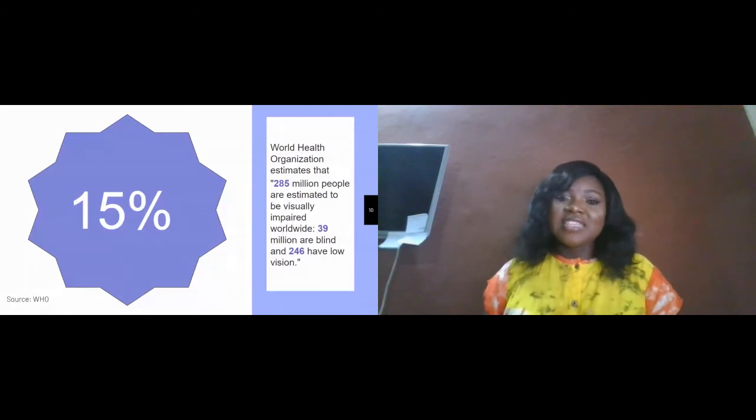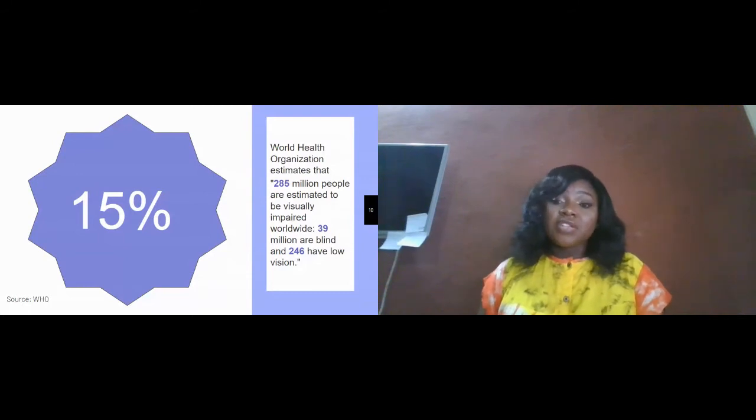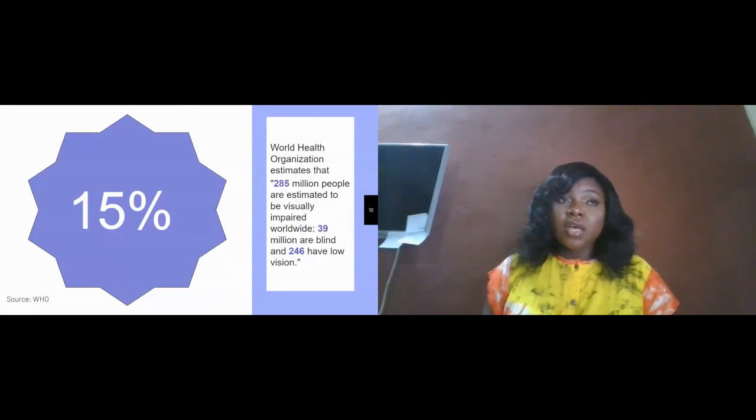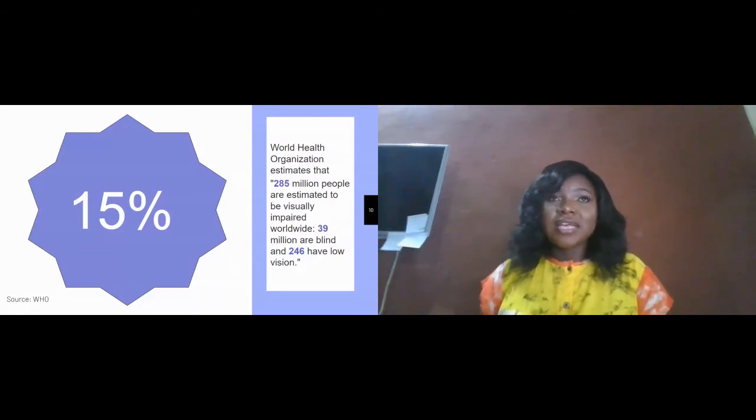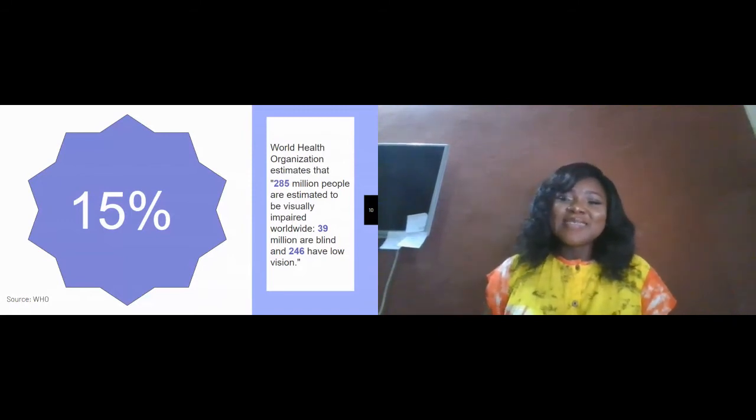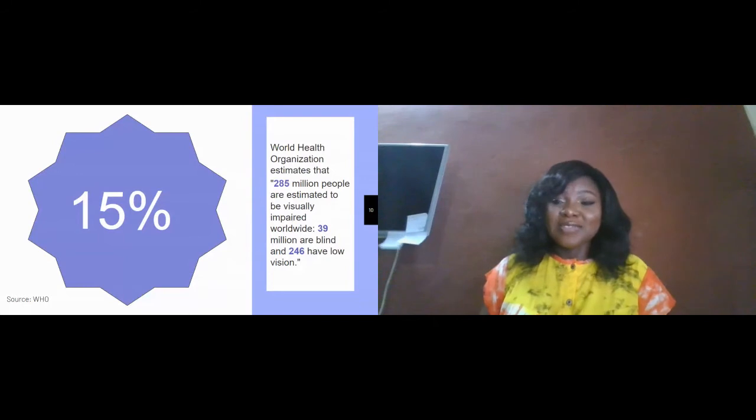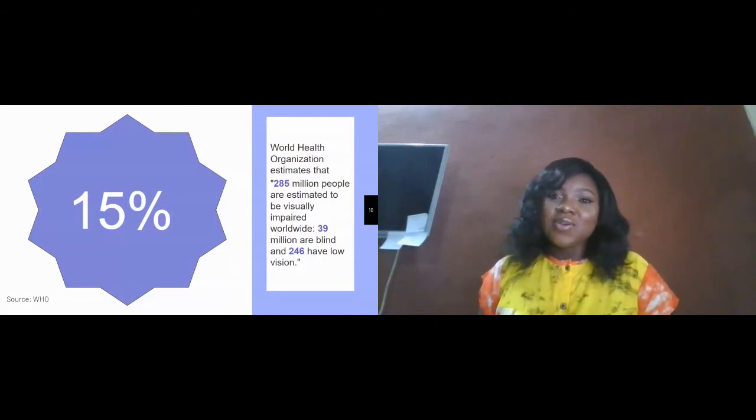Imagine if they are using your application, it goes a long way, it covers a wider and better range of users. This is a large and significant population of users to miss out on because your site is not accessible. That's almost the same size as the US population.